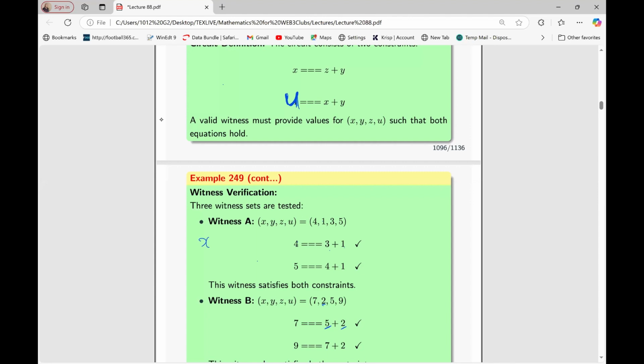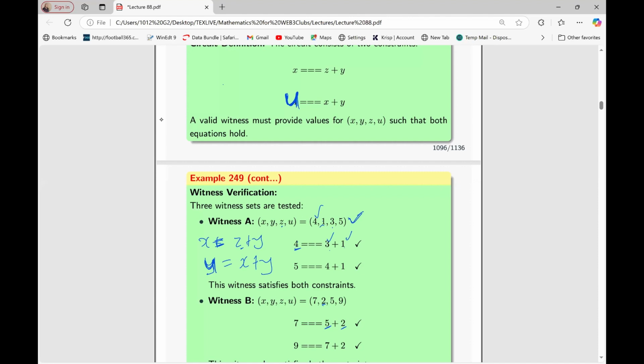x is equal to z plus y, and u is equal to x plus y. Let's see whether this witness satisfies that. So x is 4, then z is 3, and y is 1.